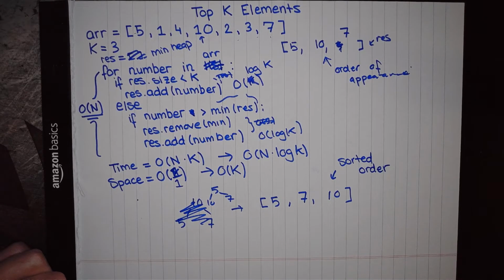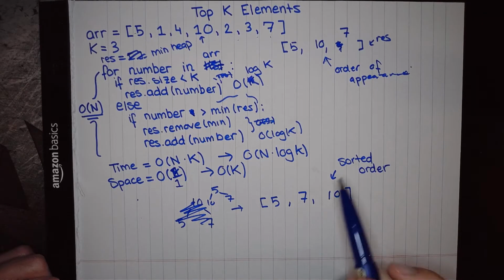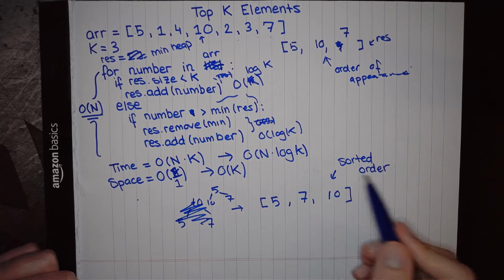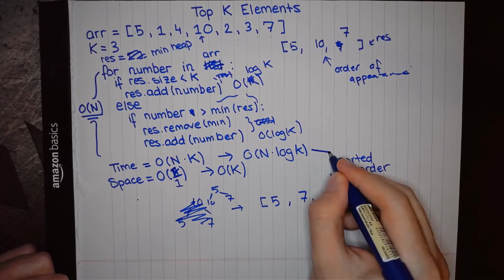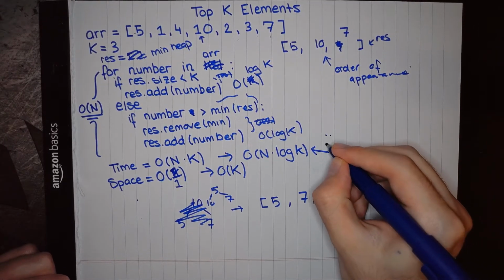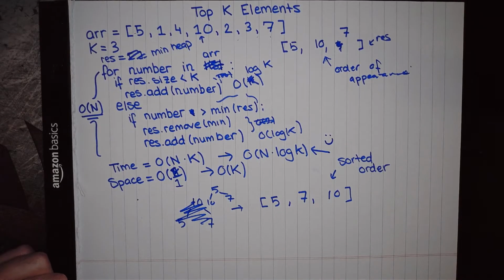Okay. And actually, if what the question is asking is to return the list in sorted order, then the O of n log k solution is the best we can do.